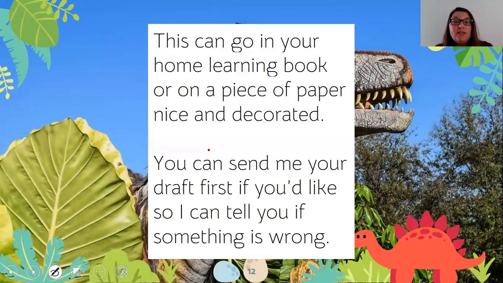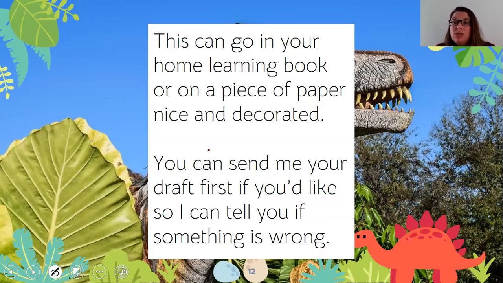Okay, you can do this in your home learning journal or just on a piece of paper, and you can make it nice and decorated if you want. You can also send me a copy of your rough draft. Please let me know that it's your rough draft, and then I can tell you if you need to fix it, okay?